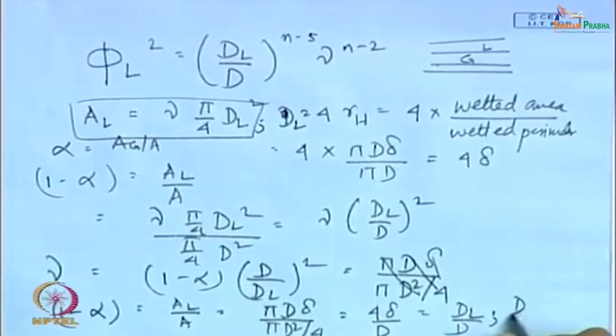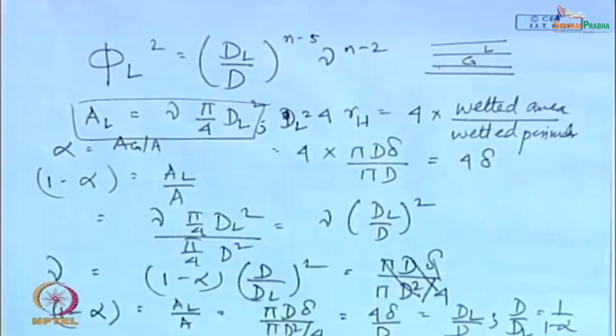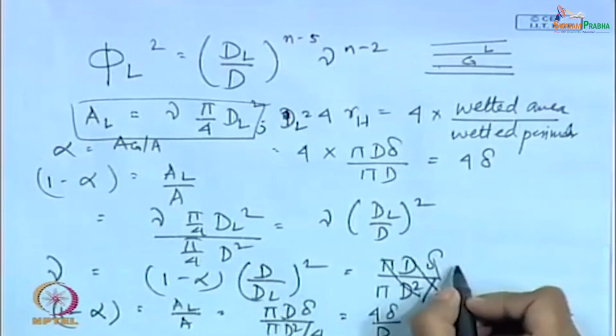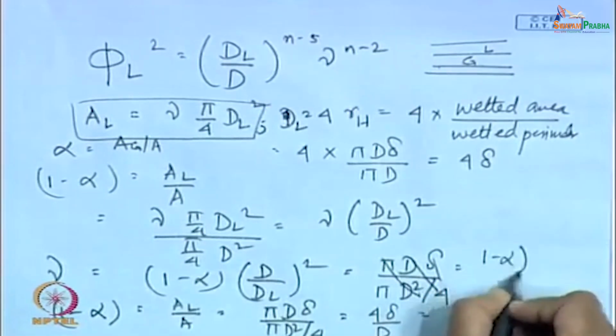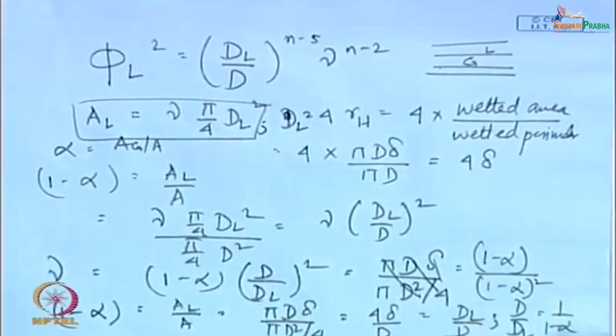From here, d by d_L is nothing but 1 by 1 minus alpha, agreed. So, therefore, what is gamma then equal to? This gamma is equal to 1 minus alpha, and d by d_L whole square means 1 by (1 minus alpha) whole square. If you want me to repeat, I am going to repeat it once more.